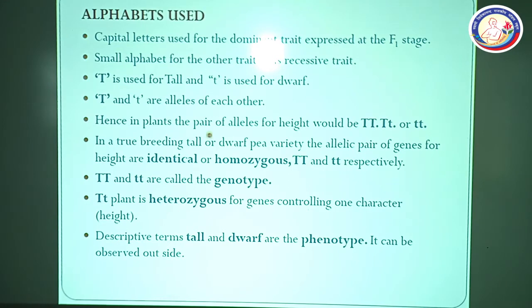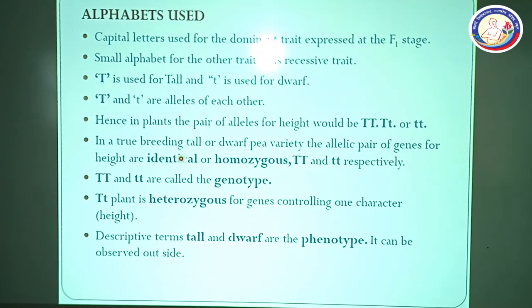Hence in plants the pair of alleles for height would be capital T capital T, capital T small t, or small t small t. You can see there are three possible genotypes. Capital T capital T will be a pure tall plant, capital T small t will be an impure tall plant, and small t small t is the dwarf plant, and the recessive character is always pure. So you need not write the word pure here.